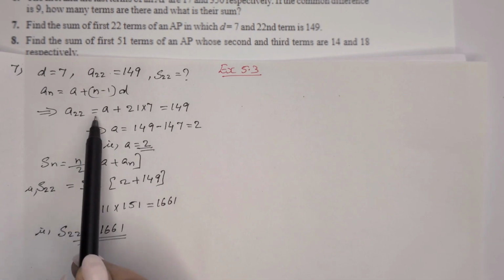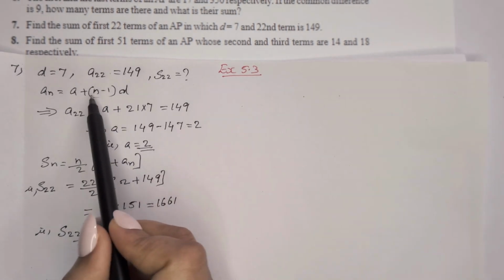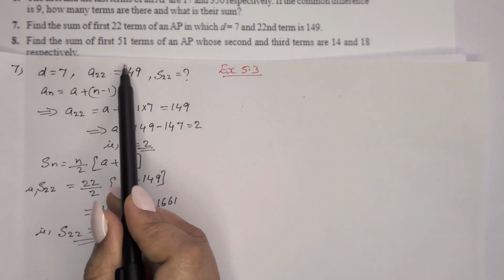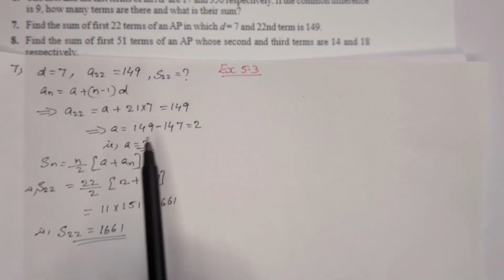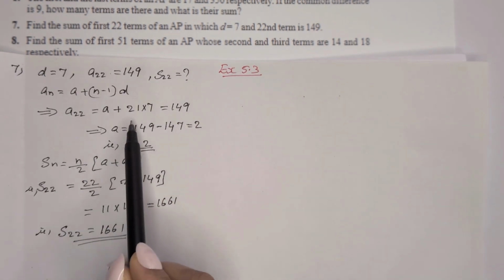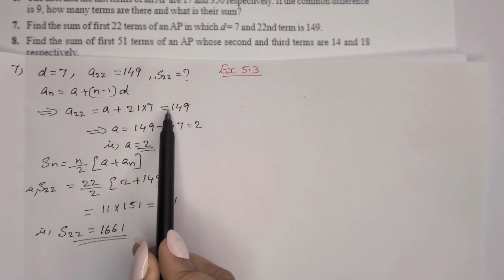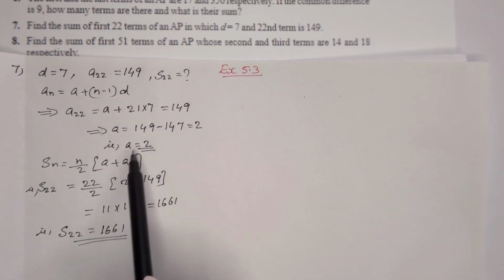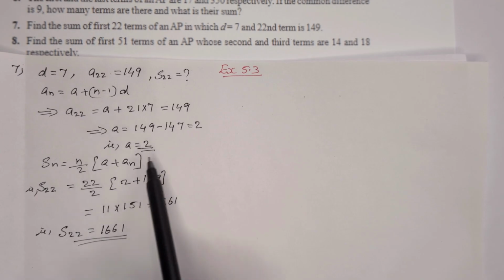So a22 is equal to a plus 22 minus 1, 21, into 7, which is given as 149. From here, a is equal to 149 minus 21 into 7, which is 147. So it is equal to 2. That means a is equal to 2.